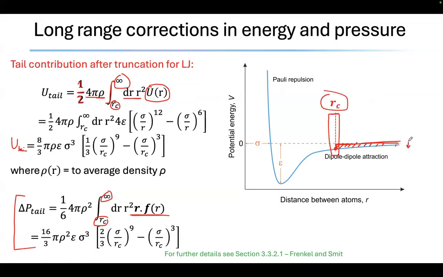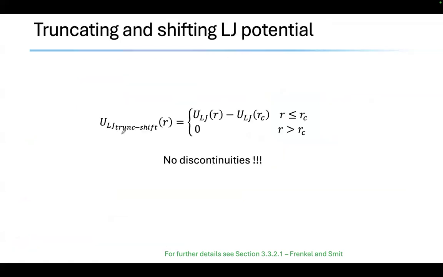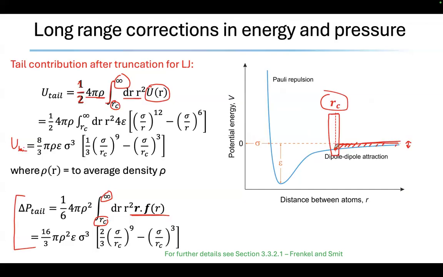What is commonly done in molecular simulations, which is a good practice, is to shift the potential to zero once you have truncated it. Once you truncate it at this point, you shift the entire potential by this amount, which is called ULJ shift.